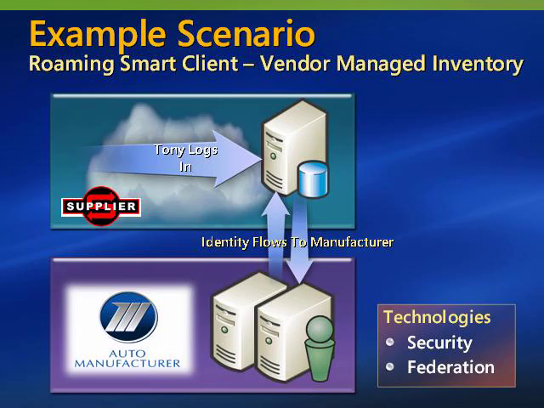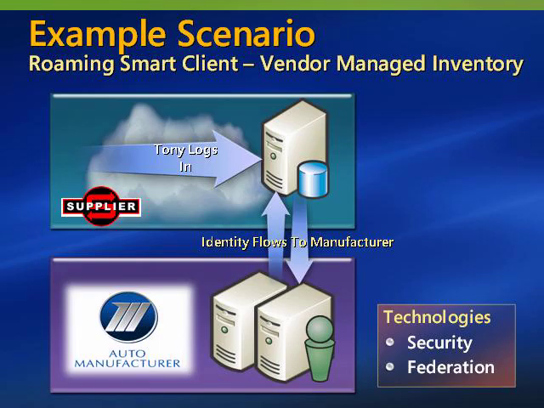Tony logs in to his authenticator, to his security domain, and what Tony does for a living is he sits at Starbucks, he sips his coffee, and he gets to log into the auto manufacturer because his company, the supplier, has an SLA, a service level agreement, with the auto manufacturer, guaranteeing that the auto manufacturer will always have the right number of parts in their system.